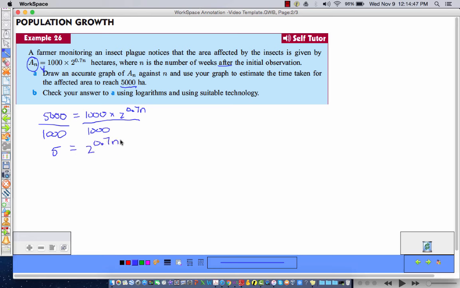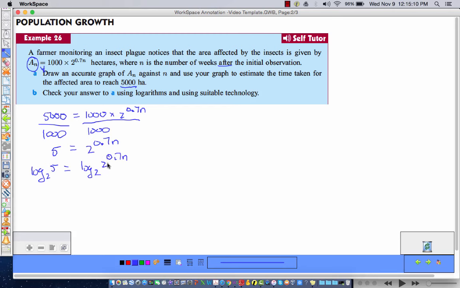Our variable is in the exponent, so we must use logarithms. Since this is base 2, we might as well use log base 2, though it doesn't matter what base we use. Log base 2 of 5 equals log base 2 of 2 to the 0.7n.